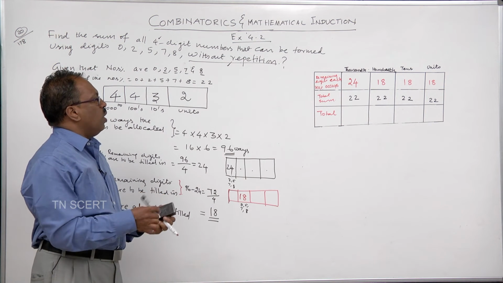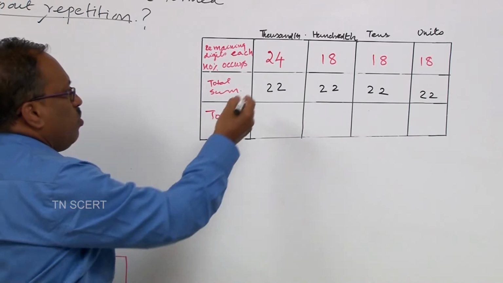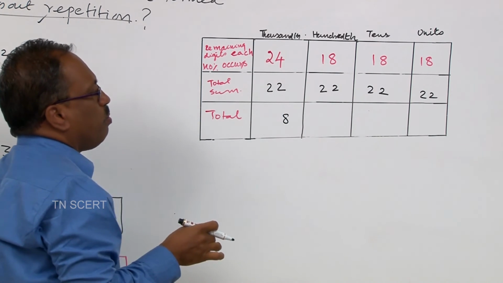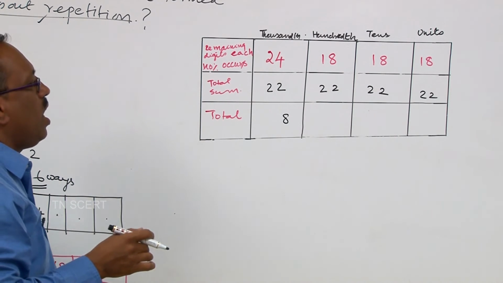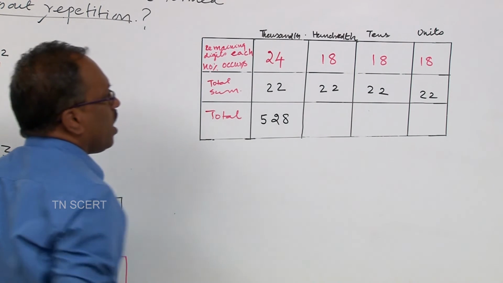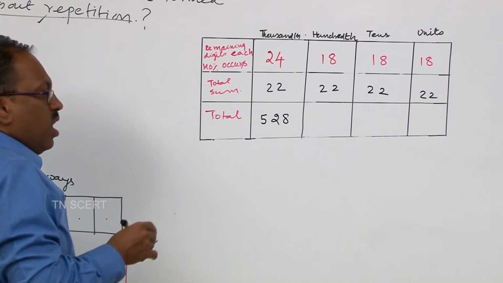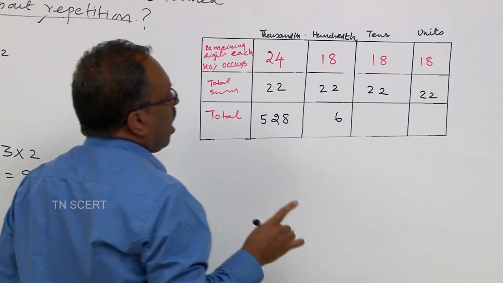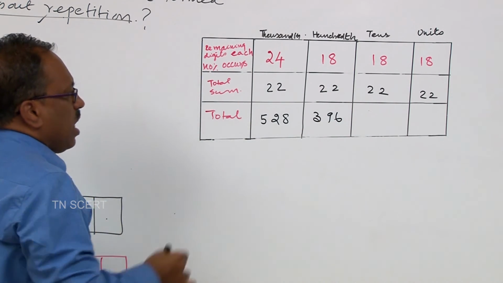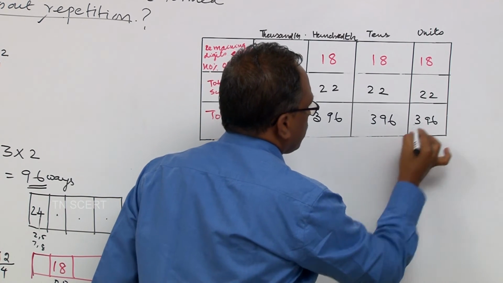Now just multiply 24 and 22, you know how to multiply. 2 4s are 8 and 2 2s are 4, 4 plus 8 is 12, that is nothing but 2, and carry 1. 2 2s are 4 plus 1 is 5, so 528. Again in the same way 396, 396, like this.